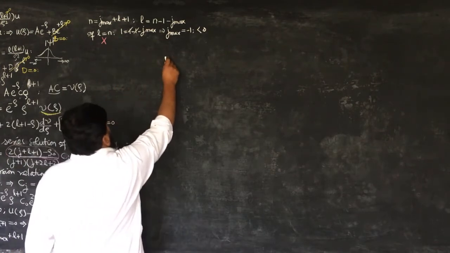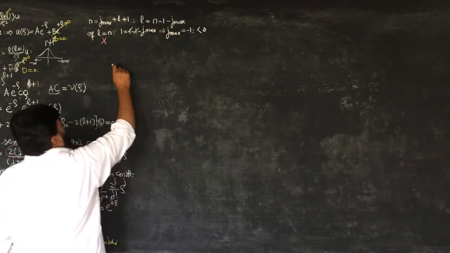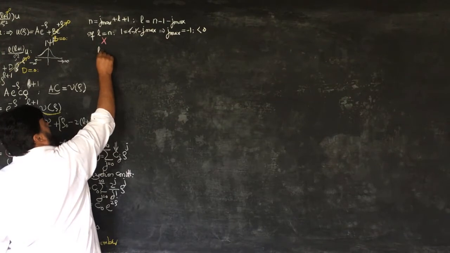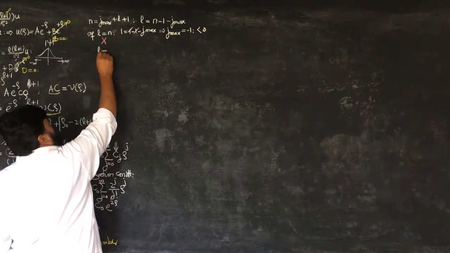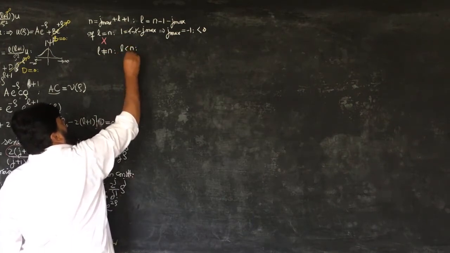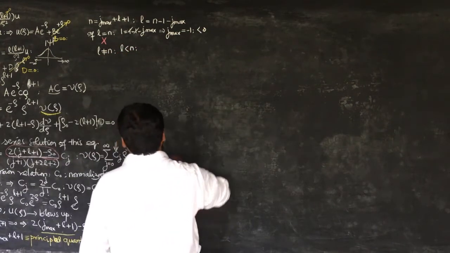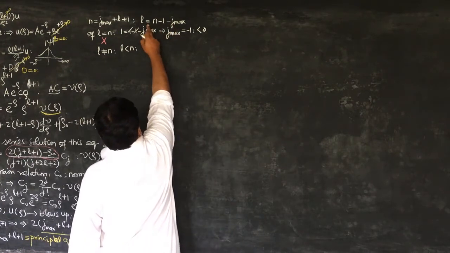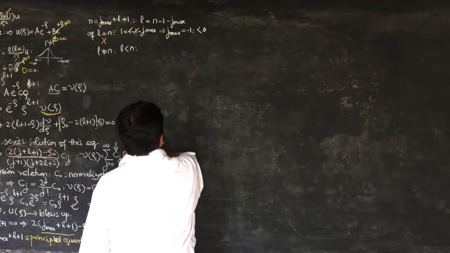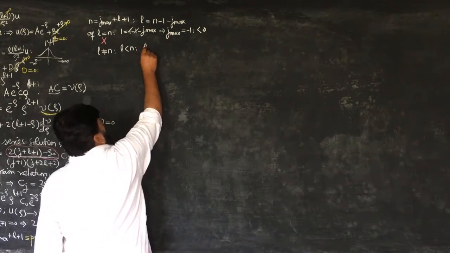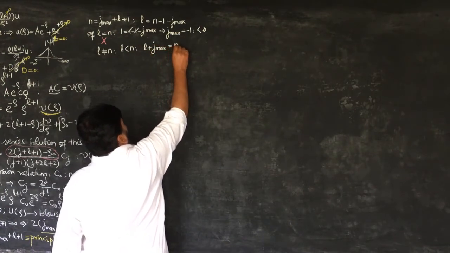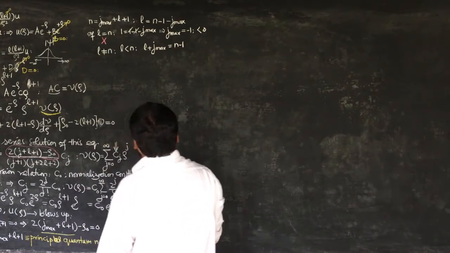Then what can I write here? If I consider L not equal to N, but L less than N, then what will happen here? When L is equal to N minus 1, J maximum, let me write it in this form: L plus J maximum is N minus 1.